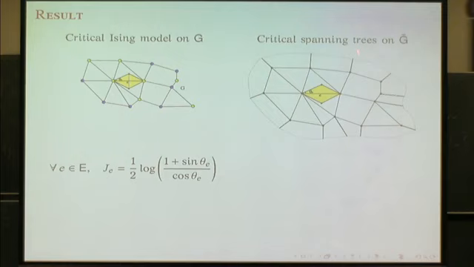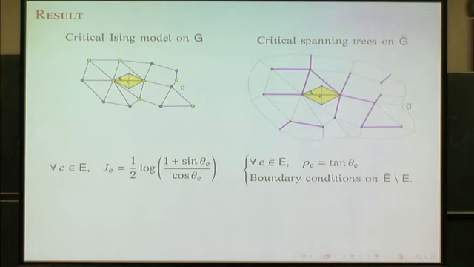This is G bar. But the interior of the graph is also isoradial. And you put on edges the critical coupling constant, except at the boundary. I'm not going to mention exactly what happens, but on the boundary edges you have to put specific weights, not coupling constants.